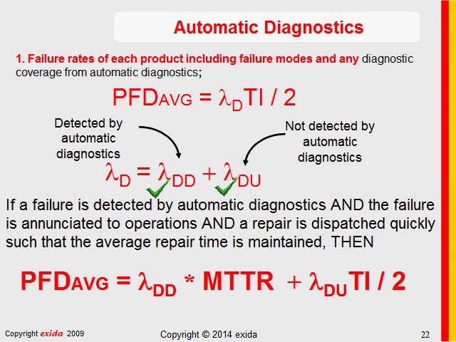There's no average on that. It's simply lambda d times MTTR. Every time it fails, we fix it. As long as we maintain the average repair time, this portion of that equation is valid.